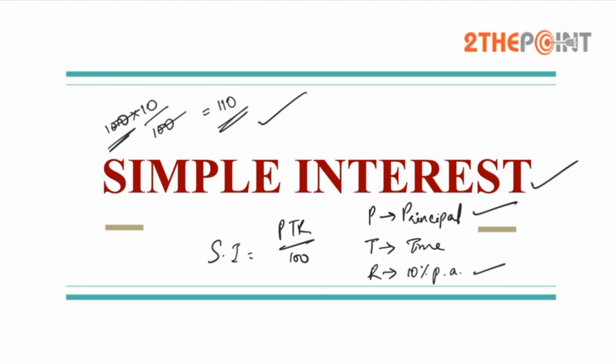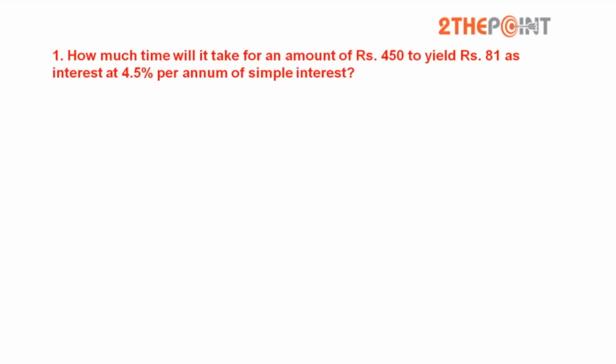Let's solve few problems in order to understand the topics clearly. How much time will it take for an amount of rupees 450 to yield rupees 81 as interest at 4.5% per annum of simple interest? Here it is given that for amount of rupees 450, that becomes the principal. It yields 81 rupees.